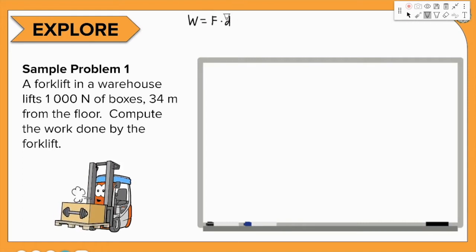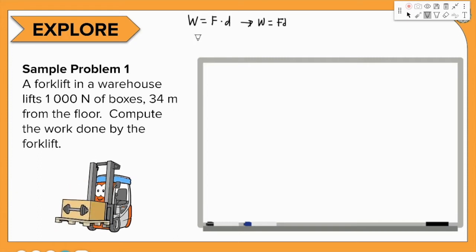And if you notice, there is a symbol in between force and distance or displacement, and that is just another way of signifying multiplication, F dot d. But of course, you can also always just write work is equal to Fd. They are the same thing for now.